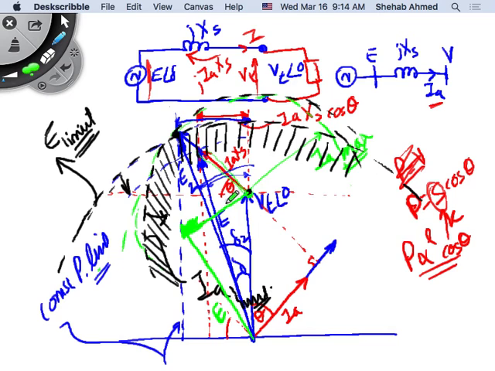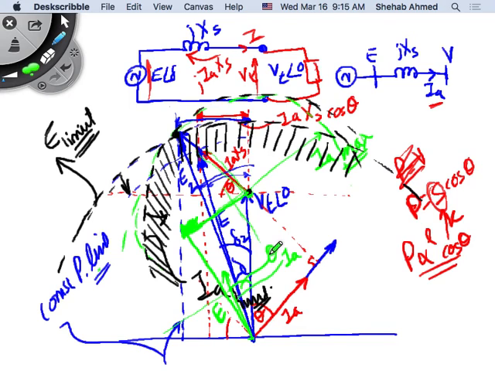So this current is perpendicular to this voltage drop. I didn't draw it nicely, but let's say I have a current here. If this is my armature current, IA, then perpendicular to IA is this voltage drop here, right? So this is now theta with a leading power factor.